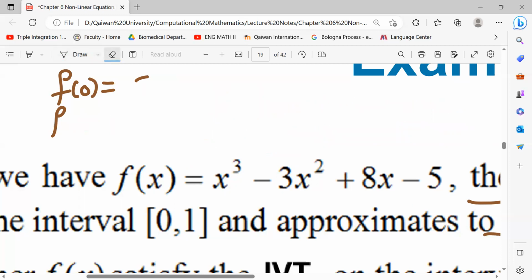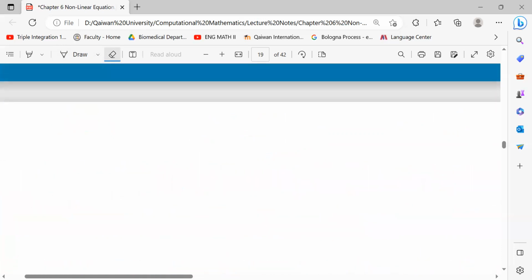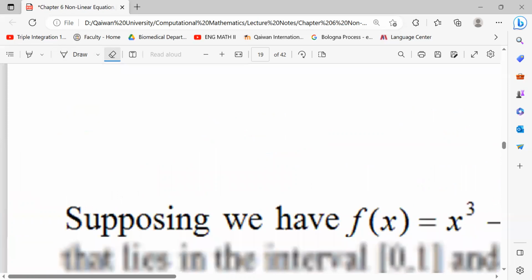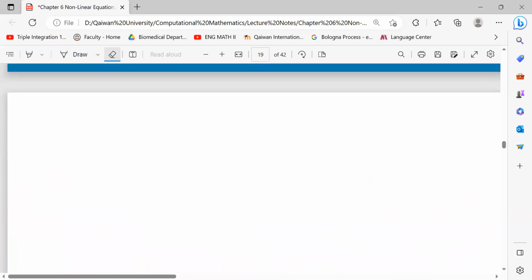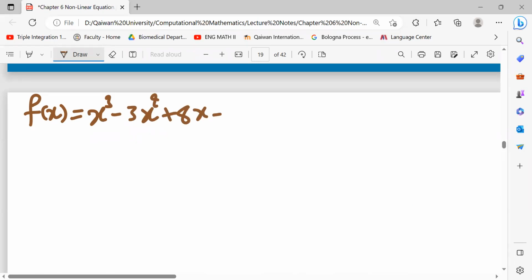Now, to apply the bisection method, our first interval is 0, 1. Let me write down the function here. x cubed minus 3x squared. This is our function, and our interval is 0, 1.